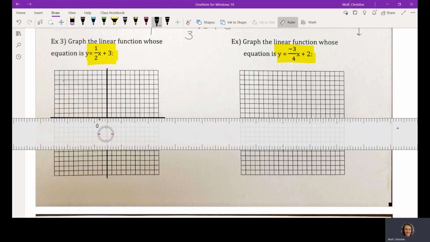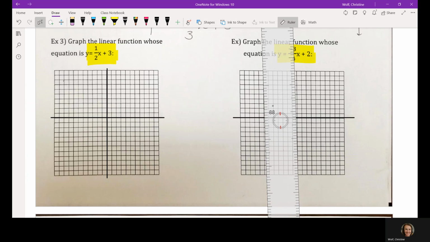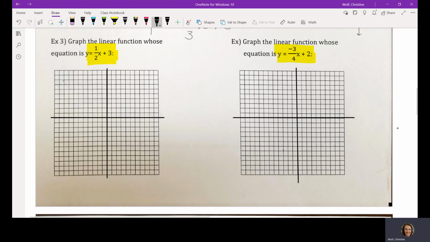And of course, if you have this handout, you can be doing the same thing. Draw your arrows always on the end of each axis and label them x and y. That's just proper math etiquette.